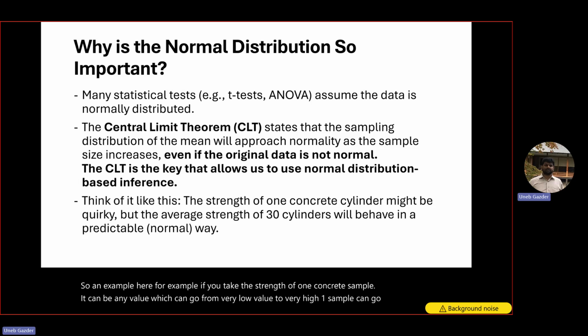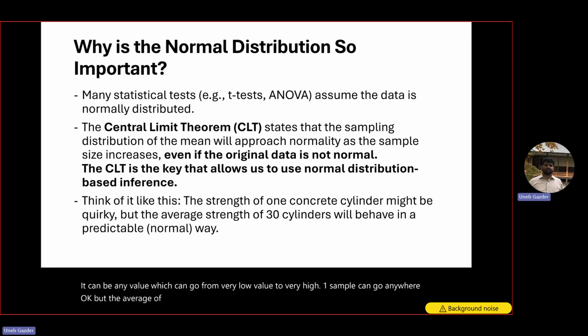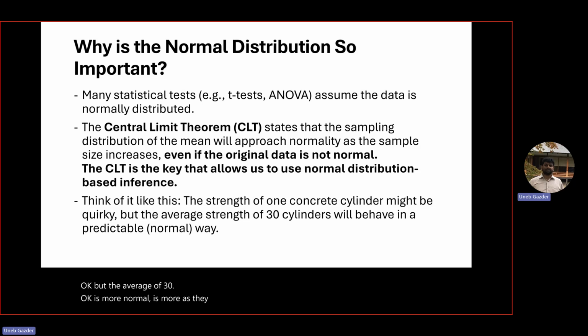But the average of 30 is more normal, more predictable. The same thing with student grades: the grade of any one student can go from A to F, but an average is normally around B.